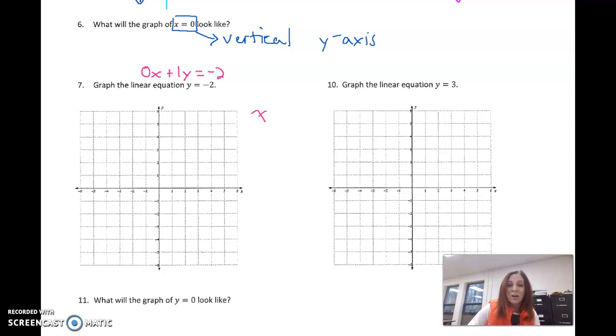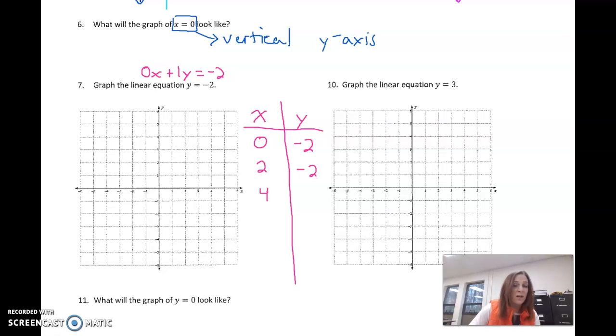If I were to draw an input-output table, very badly as always, if I put a 0 in for x, that would be 0 times 0, which is 0, so y would just be -2. If I put a 2 in for x, that would be 0 times 2, which is 0, and y would be -2.